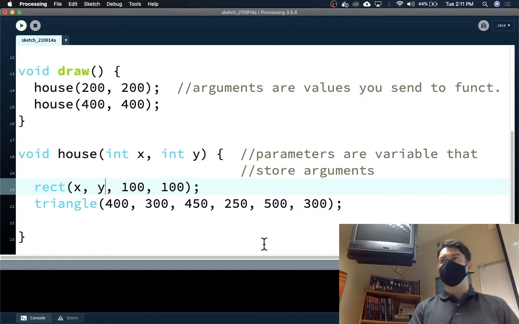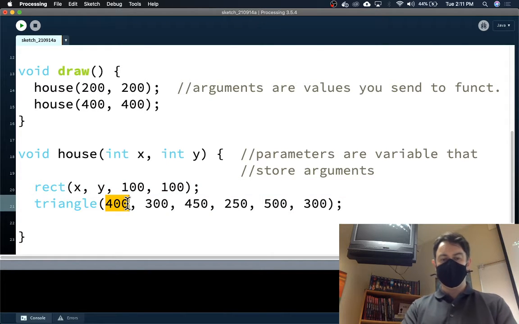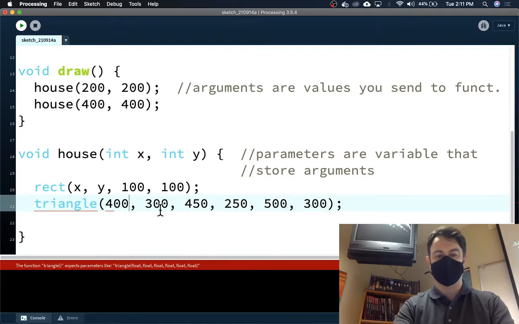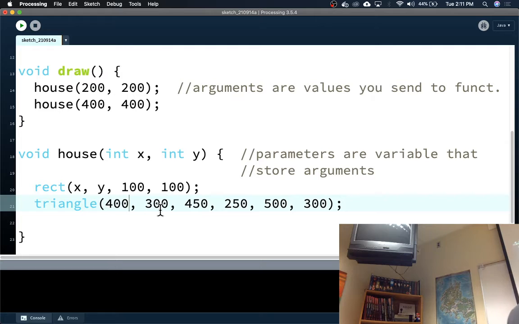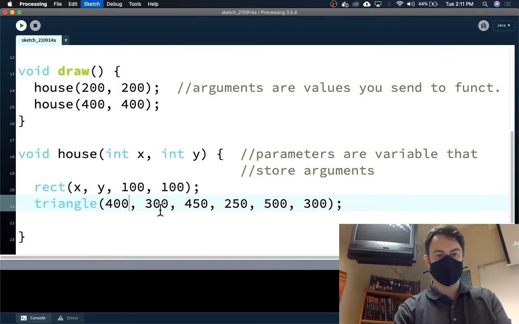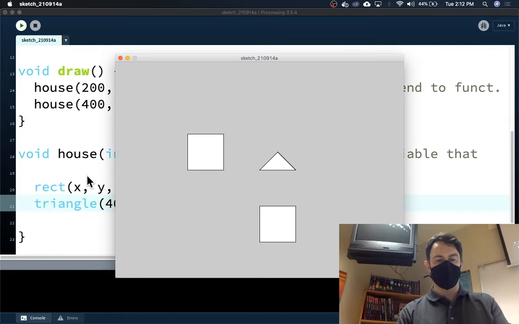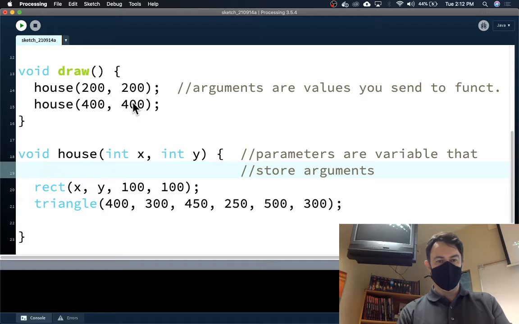The triangle's a little bit trickier because this corner is also x and y. They share the same corner. Maybe I should go back to the drawing board actually. Maybe I should run it first. Let's put a 400, 300.